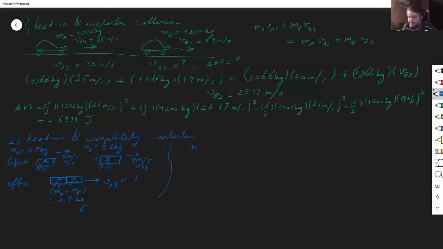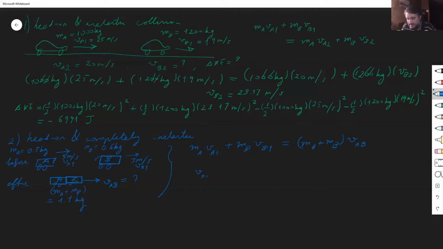All right, again, momentum conservation, MA times VA1 plus MB times VB1 will be equal to MA plus MB times the new velocity, VAB. It doesn't matter what you call it, but they share the same velocity.